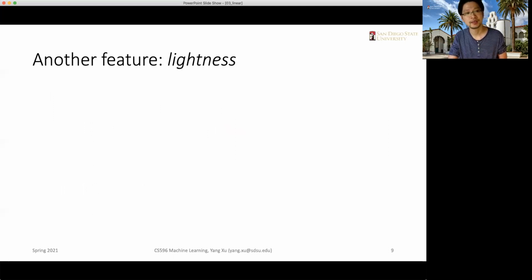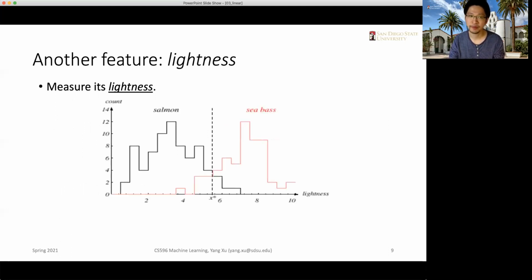So let's take another example. What about the lightness? Basically, you look at the pixels of a picture and you somehow measure it with some numbers. If we look at the lightness alone, just like what we did for the length, it looks prettier because there's a more significant difference between the two kinds of fish.